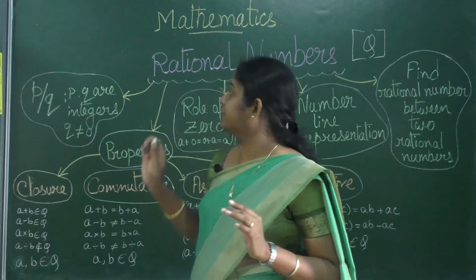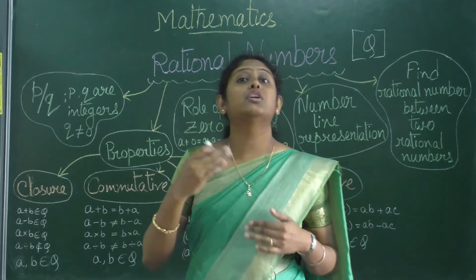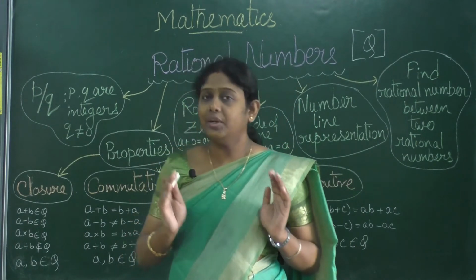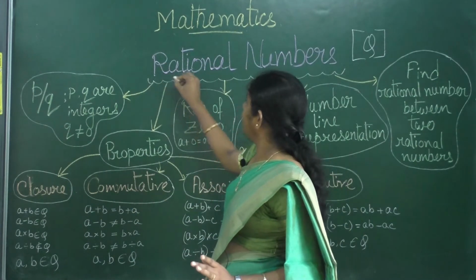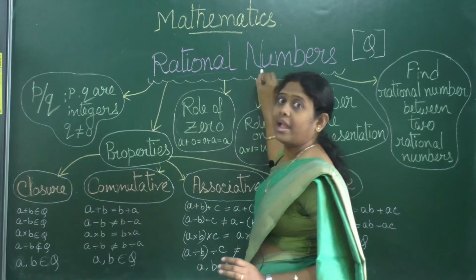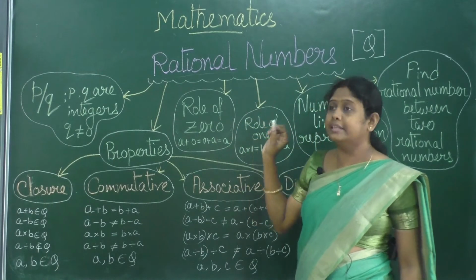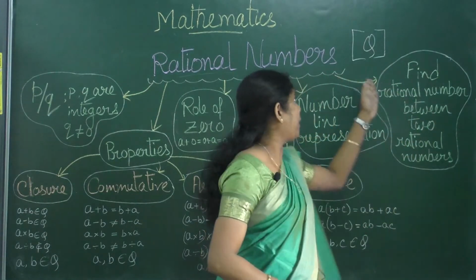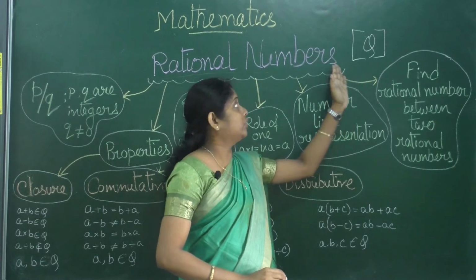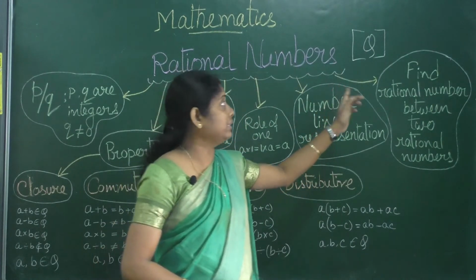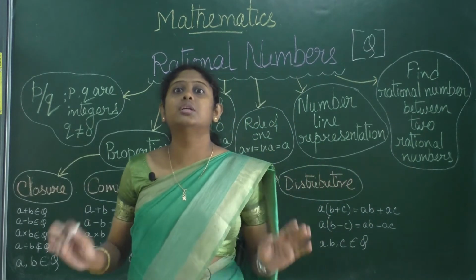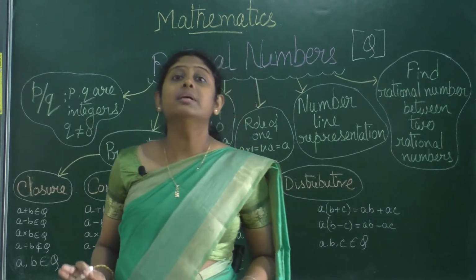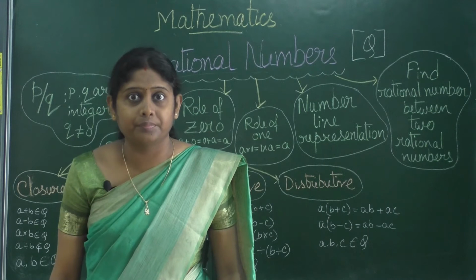If we add this type of number to the set of integers, then we get a new set of numbers, which is the set of rational numbers. And we denote that new set with capital Q. So in today's class we are going to learn more about rational numbers.